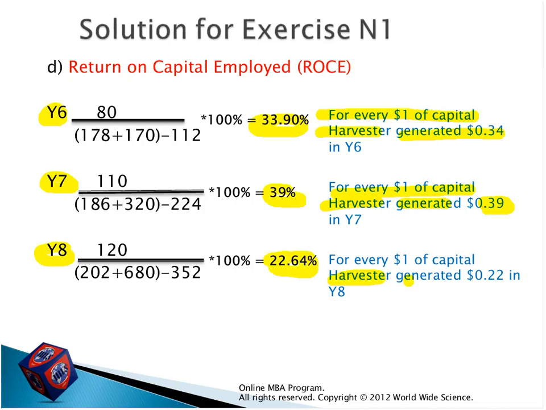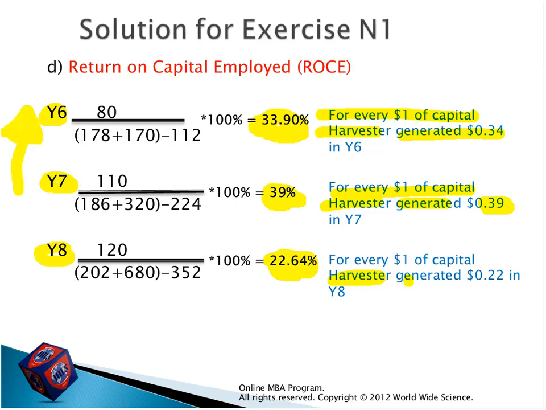So you do understand what that means? In year 6, we have got 34% of profits from the capital that we have used. In year 7 it is 39%. In year 8 it is around 23%. So let's see. From year 6 to 7, we have some increase of the profits that we have generated from capital, right?